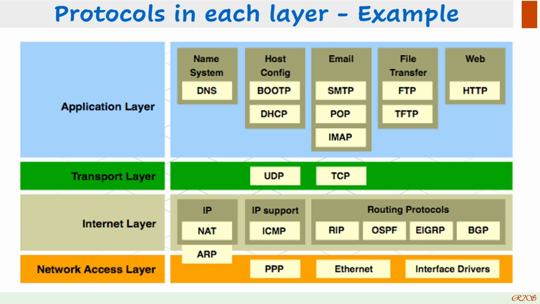We cannot cover these protocols in one video, so we might need one video for each of the protocols. We will discuss this later. I just bring it here so you can get an idea that every layer has many protocols.